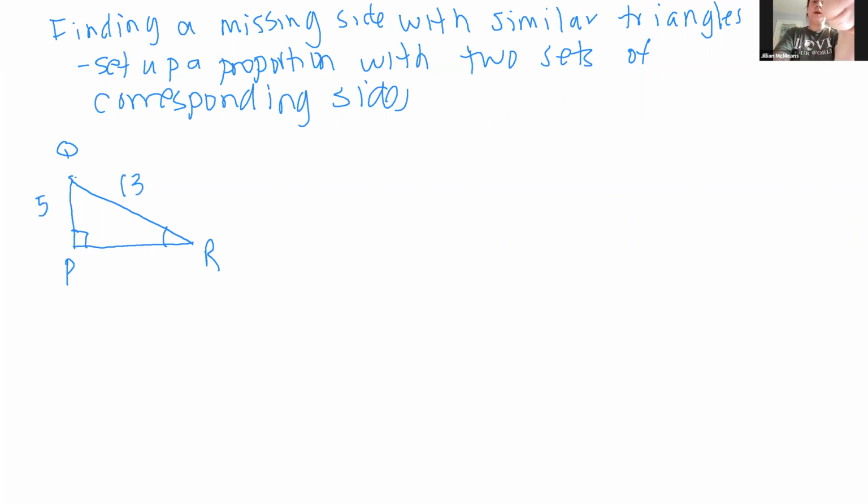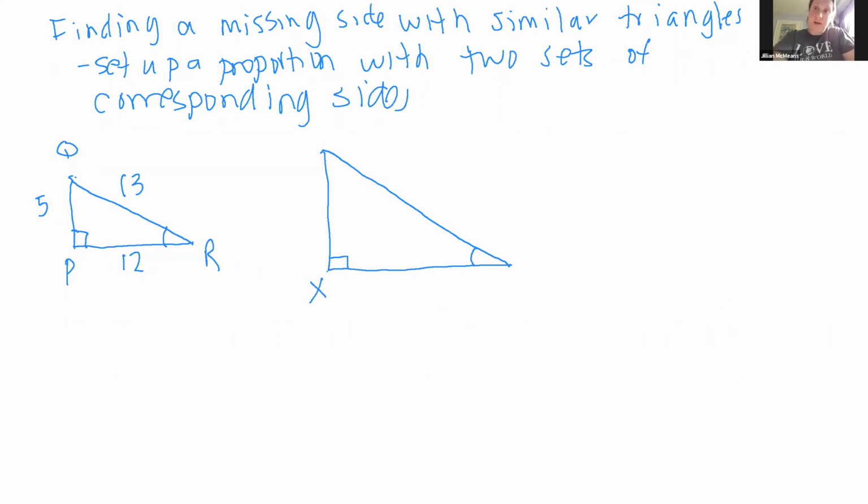And that's the thing here. When you're finding a missing side with similar triangles, one of the triangles has to be pretty well labeled, or you at least have to have two sides that are labeled. And then let's say this is my similar triangle. Notice they're the same shape, certainly different sizes.